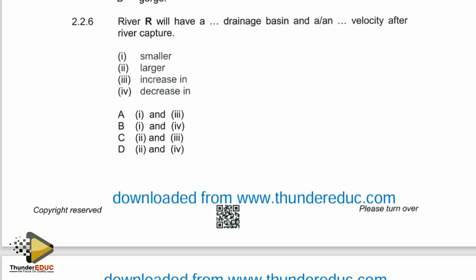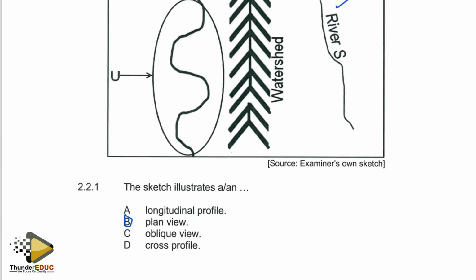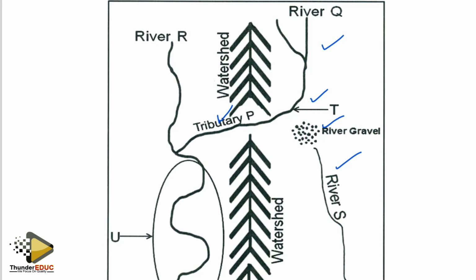River R will have a dash drainage basin and A or N velocity after river capture. If we check on river R here in terms of its basin, river R used to have a basin which was this side of the watershed before the process of piracy.